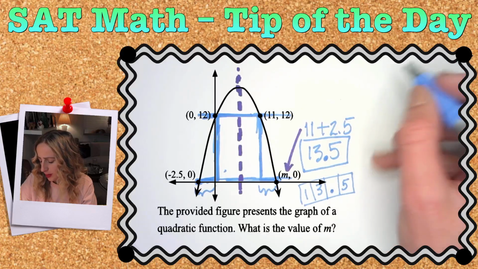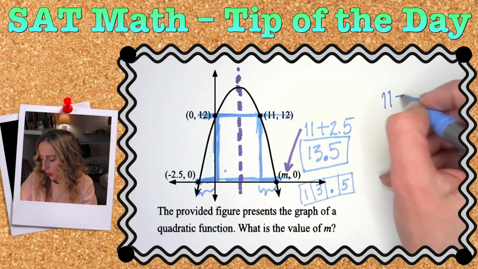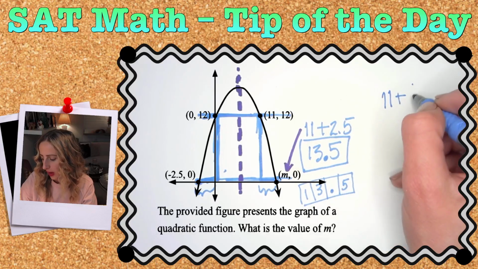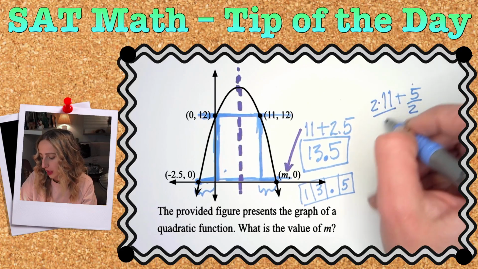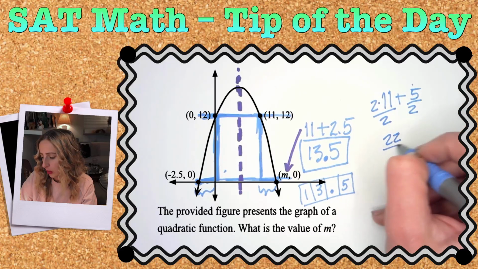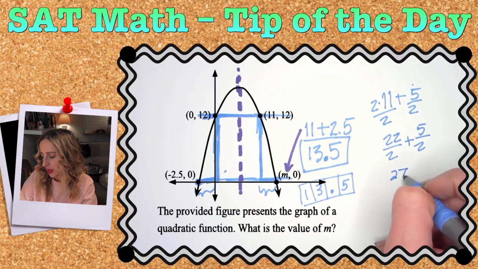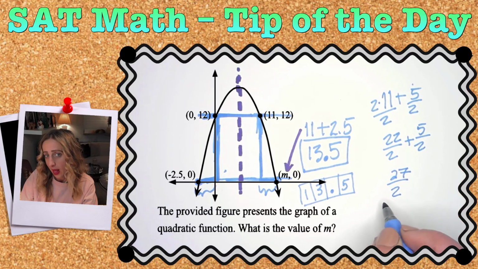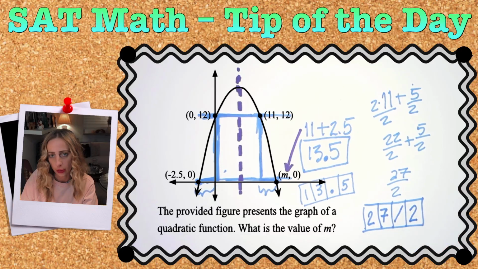Well, you had 11 plus 2.5, which is 5 over 2. 11 needs a common denominator, so that's 22 over 2, plus 5 over 2, which is 27 over 2. And that as well is fully reduced and would fit into 4 boxes, 27/2. So either of those answers would fit.